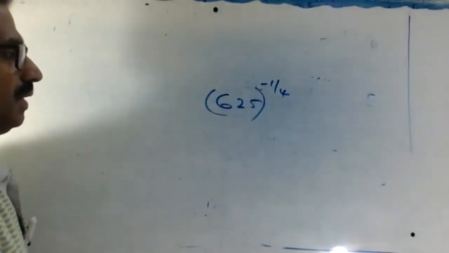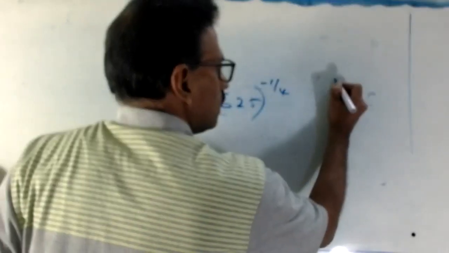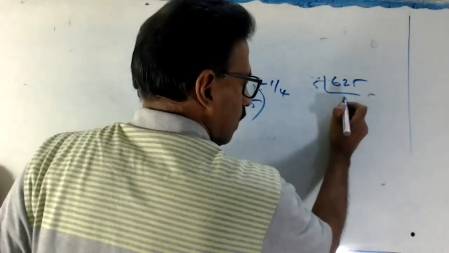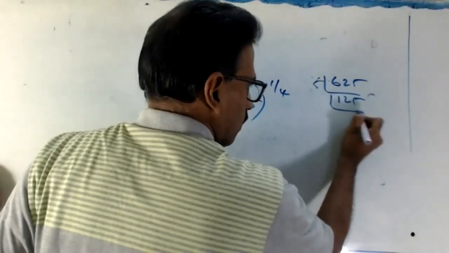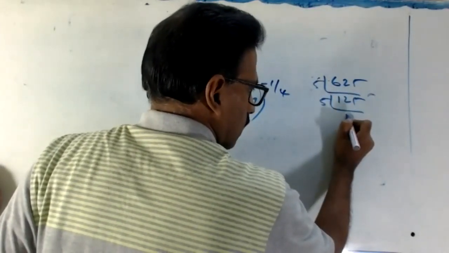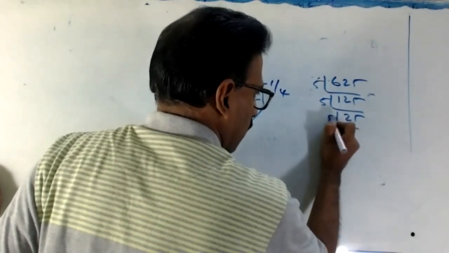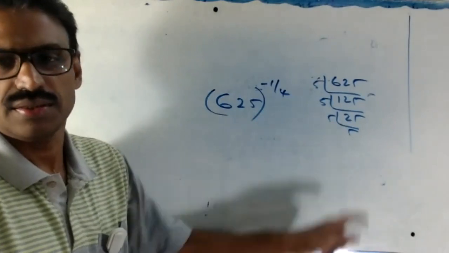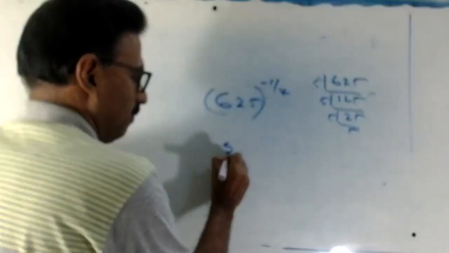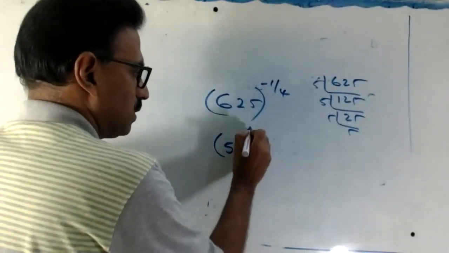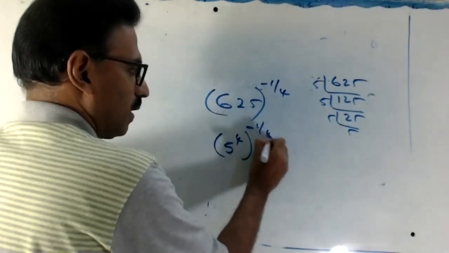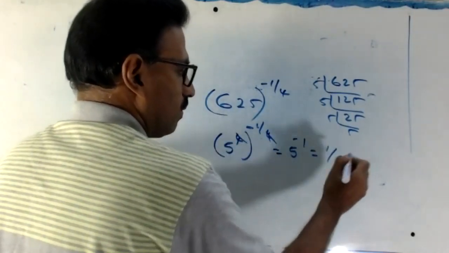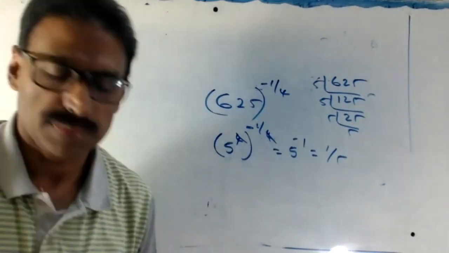Okay, I'll show this one. 625. If you are smart, 625, 5, 125, 5, 25, 5, 5. Almost how much here? That number will be here. Okay, 5 raised to 4, all raised to minus 1 by 4. Cancel this one. 5 raised to minus 1 equal to 1 by 5. Is it okay? Clear now?